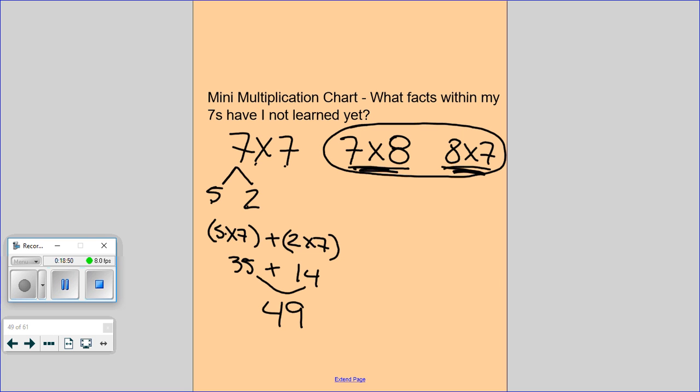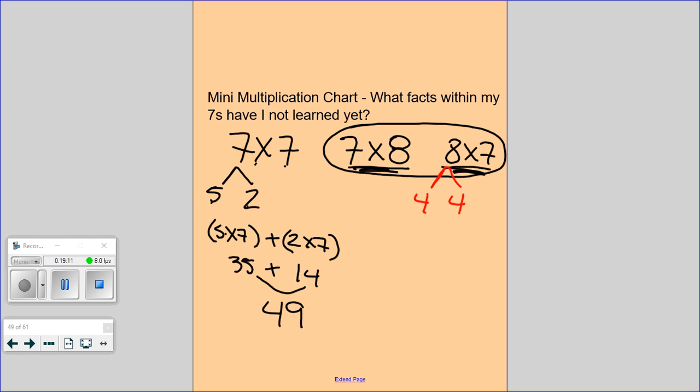Alright, a lot of you chose to break apart the 8 into 4 and 4, which is fine if you know your 4s. Because if you don't know your 4s, that's going to be very, very hard.